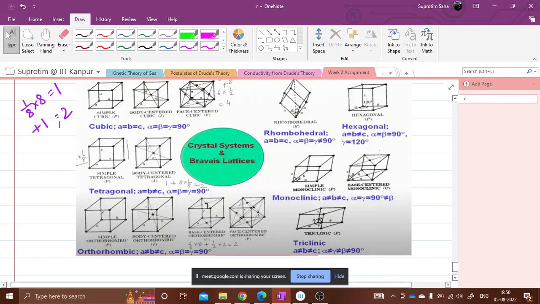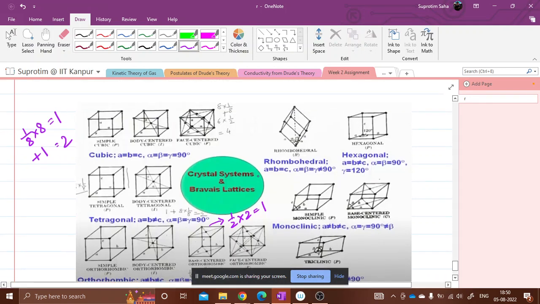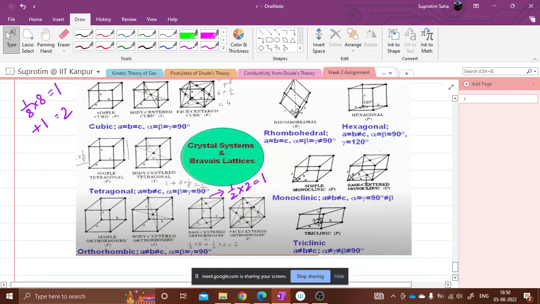Now, for base centered orthorhombic, these atoms are shared between 2 unit cells, right? So 1/2 times 2 will also give you 1. So in addition to the body centered ones, we'll also have a base centered orthorhombic. So this is 1, 2, 3, 4, and also a base centered monoclinic, right?